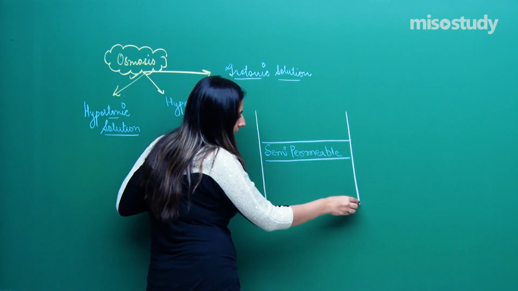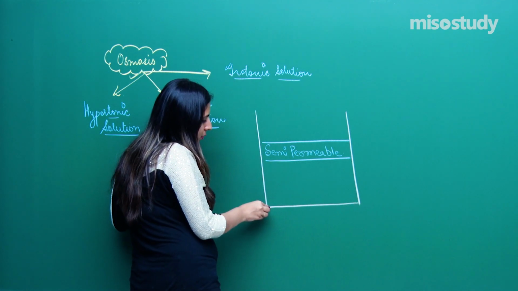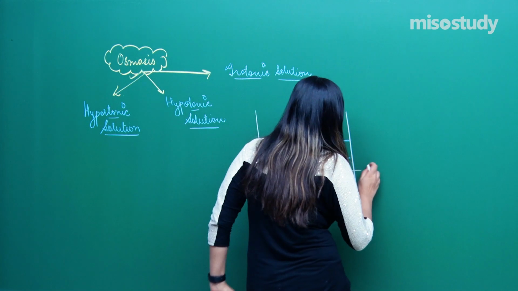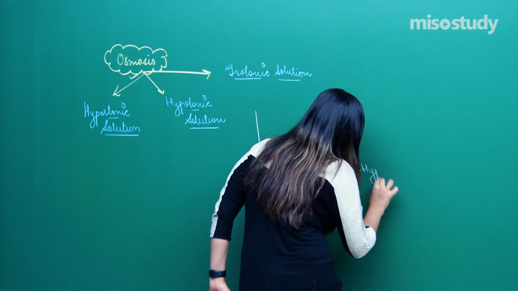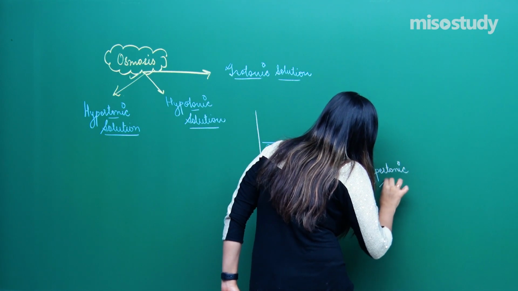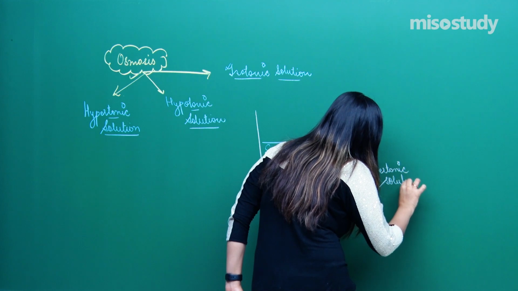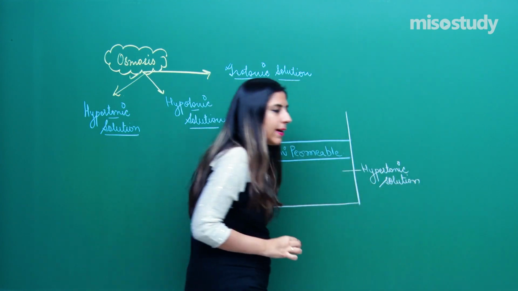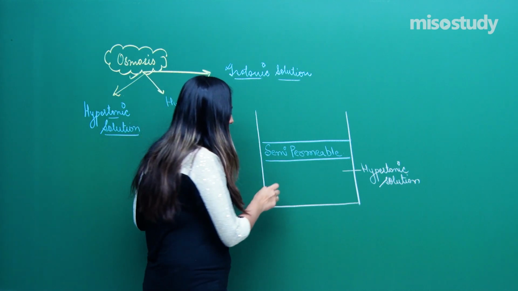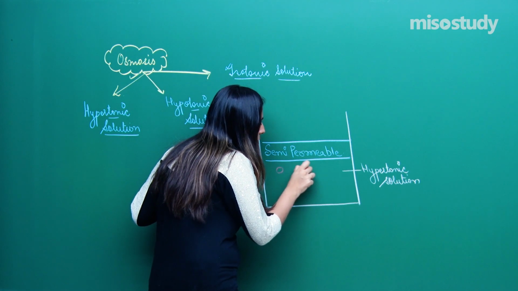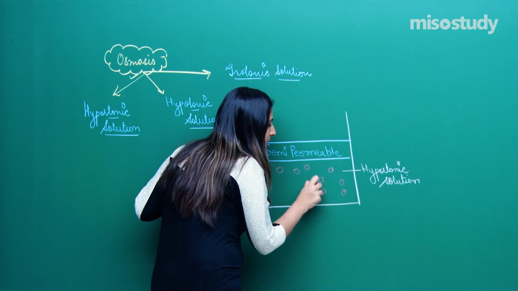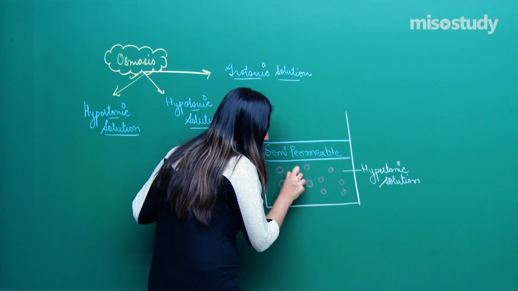Suppose on one side I have one kind of solution. Let's say I have a hypertonic solution present over here. That means it has a higher concentration of solute, more of this red color that I am drawing.